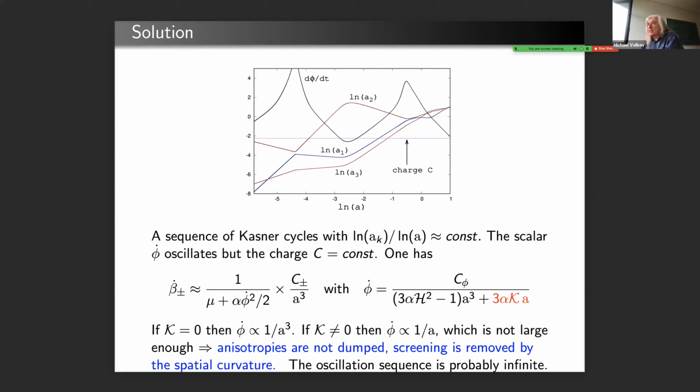But in fact, the catch is this: now we have a spatial curvature, and this spatial curvature appearing in the solution ensures that near the singularity, phi dot grows not as 1 over a cubed, but as 1 over a. And this is fast, but not fast enough to suppress anisotropies. Therefore, the anisotropies stay unsuppressed.